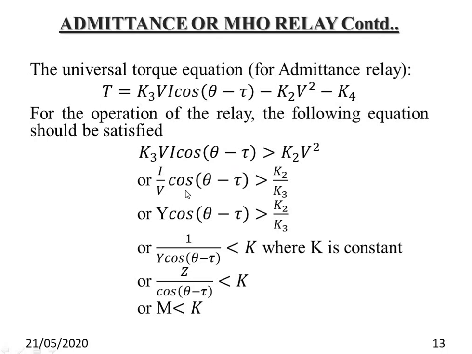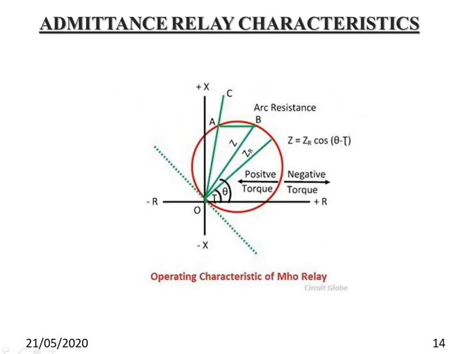So I by V into cos of theta minus tau is greater than K2 by K3, or we can say Y cos of theta minus tau is greater than K2 by K3. After calculating this, we can say if the admittance is within the range, then the relay will operate. If the admittance is not within the range, then the relay will not operate.